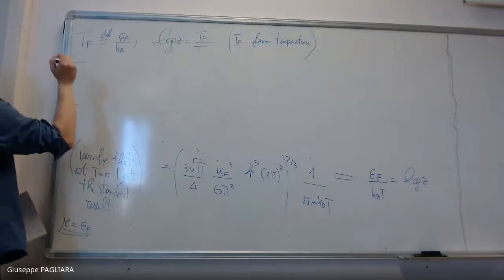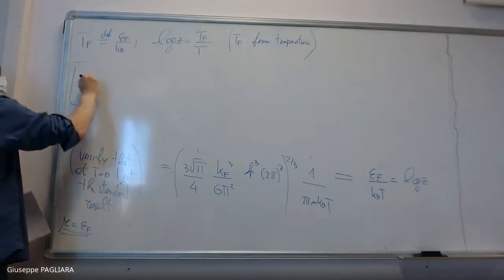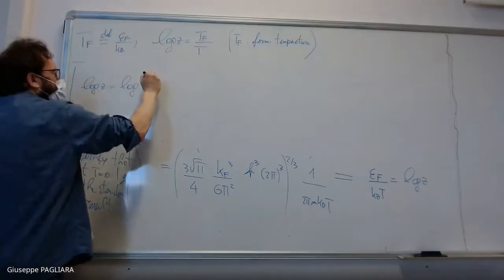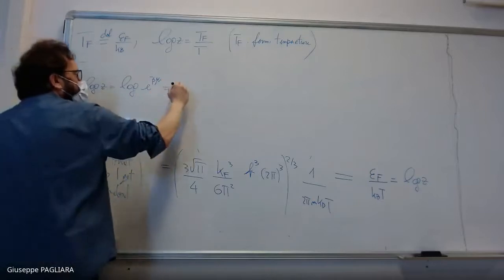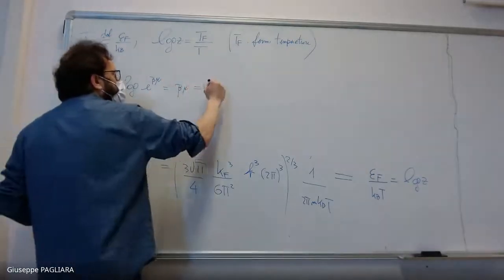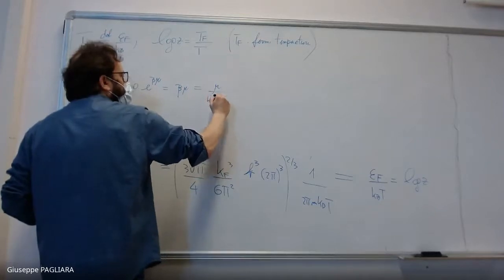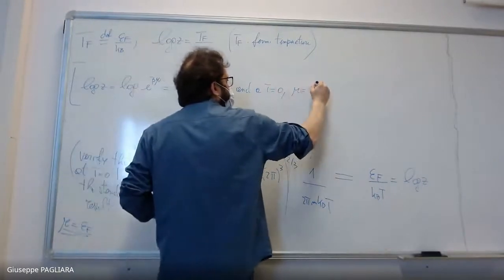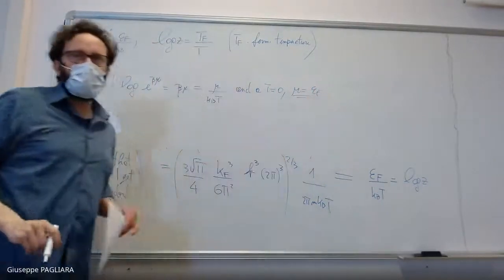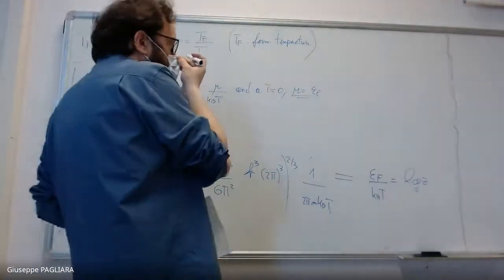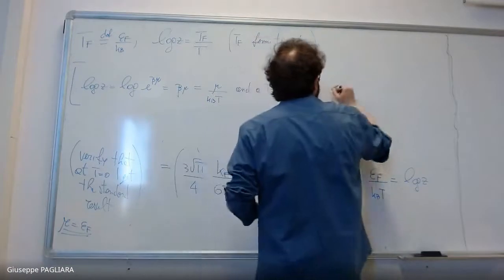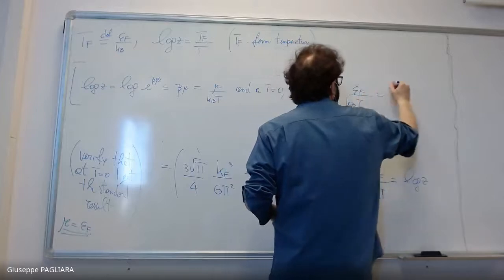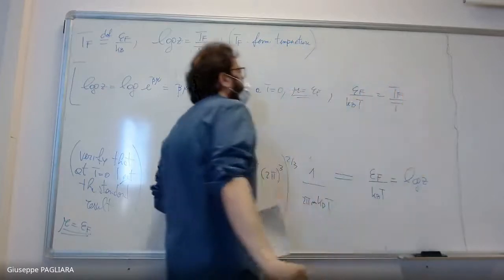This can be derived also by considering the fact that the log of z is the log of the exponential of beta mu, and therefore this is just beta mu, and this is mu divided by kBT, and at t equals 0, mu is equal to the Fermi energy, just at t equals 0, then we will see there will be a correction, and therefore I get that here I have the Fermi energy again divided by kBT, which is equal to Tf divided by T. Okay?